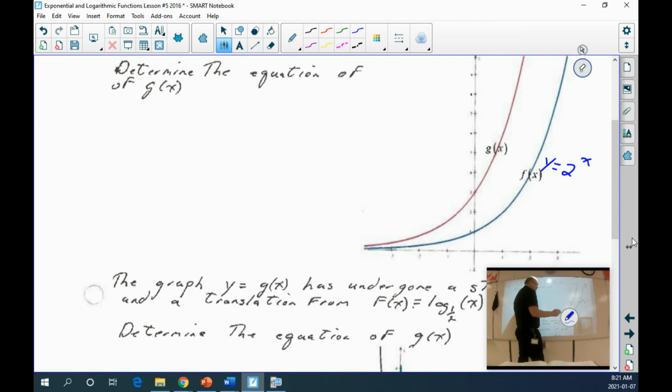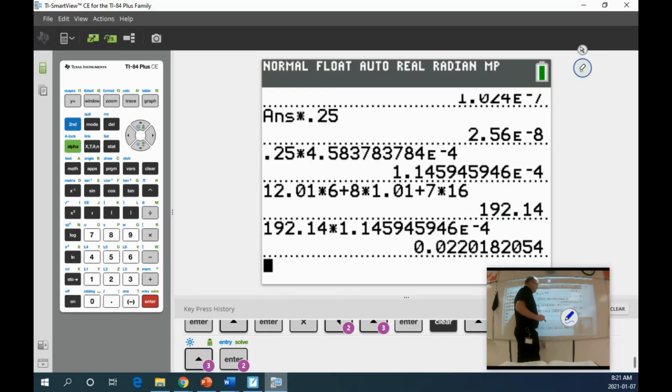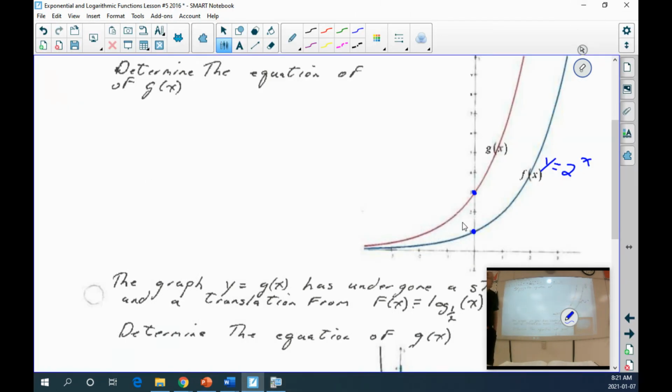Well, one thing I know we have done is we have vertically stretched this because our y-intercept has increased. So we went from a y-intercept of (0, 1) to a y-intercept of (0, 3). So we have most definitely done a vertical stretch by 3.